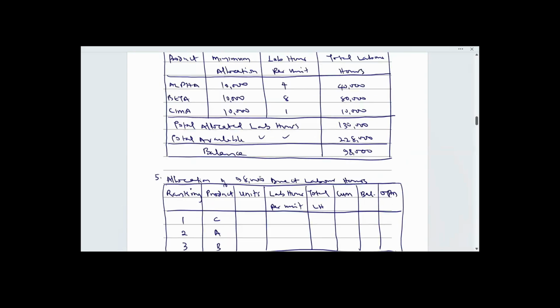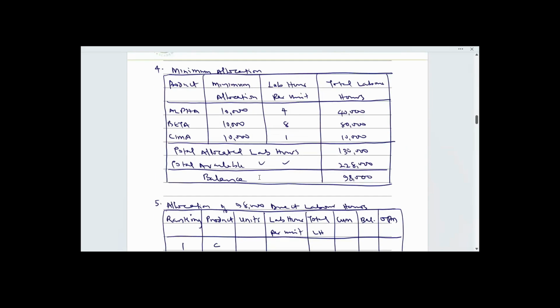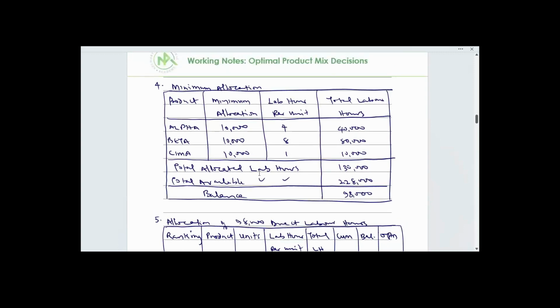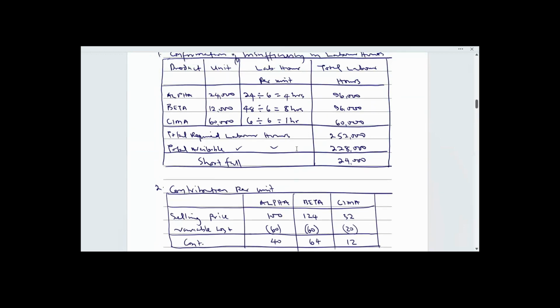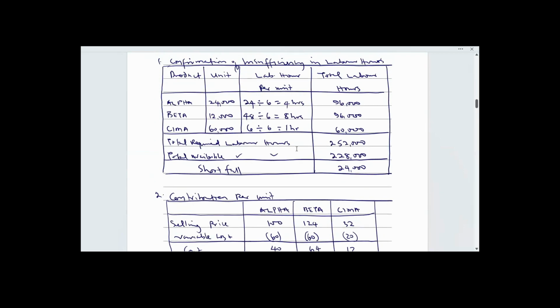Number of units for C. Remember, the total units required for product C is 60,000. Yes, Siemens require 60,000 units.